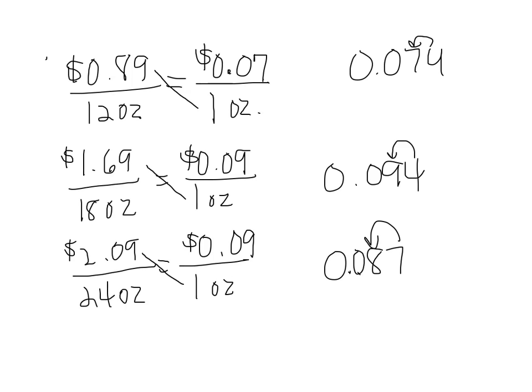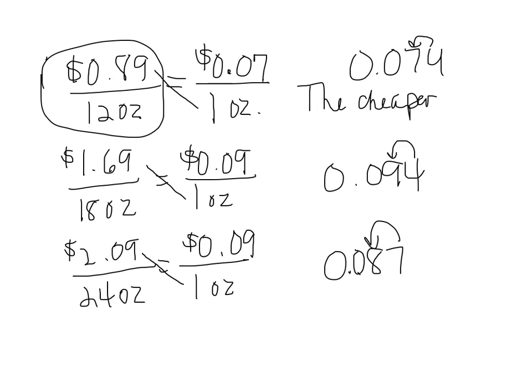Okay. So if we go back to what we're asked to find, which one has the lowest price per fluid ounce? Right, so to answer this question, you have to do this. You would say the cheaper one, the cheaper lemonade is the 89 cents per 12 ounce.